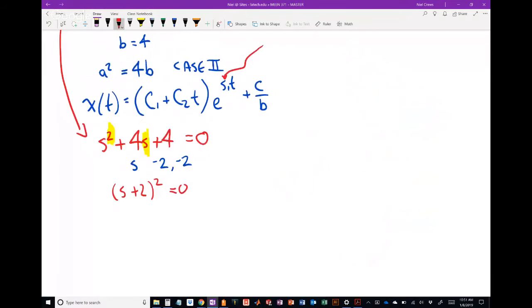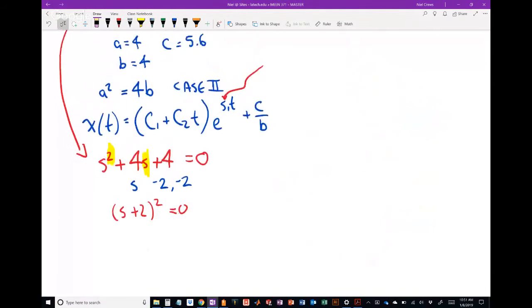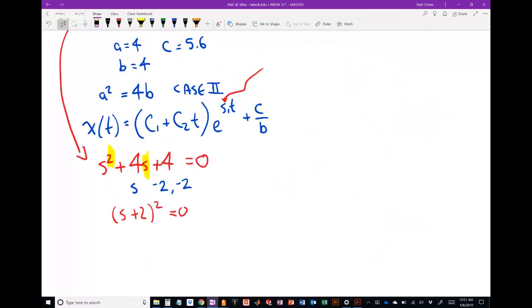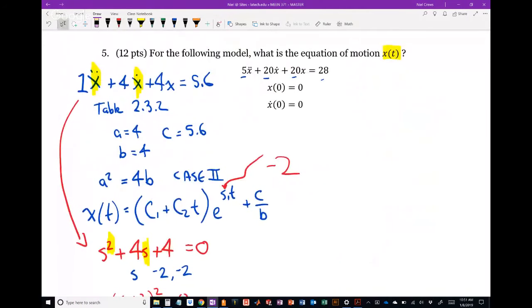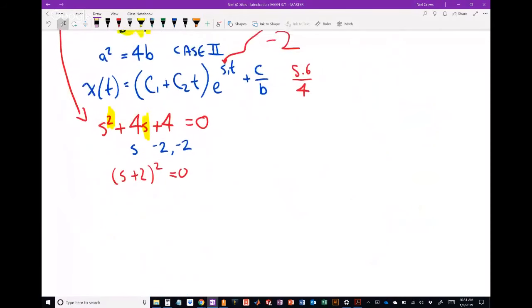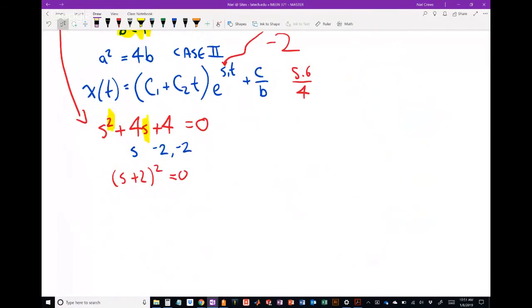All right, so our s then we know is -2. So this s is going to be -2 right there. C over b, that's going to be 5.6 over 4 from here, right? That's our c, that's our b. And then we just need to solve for these coefficients.